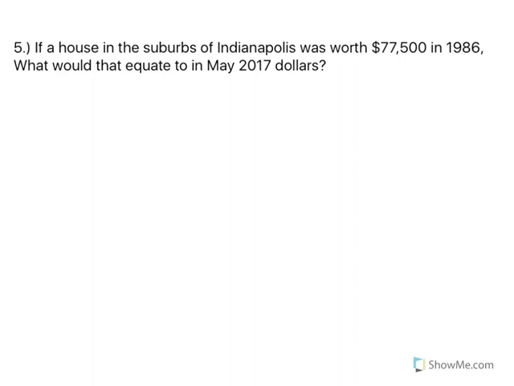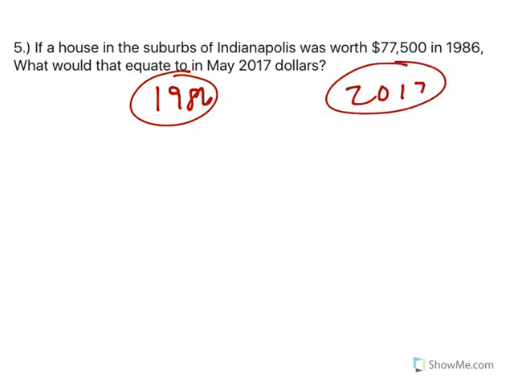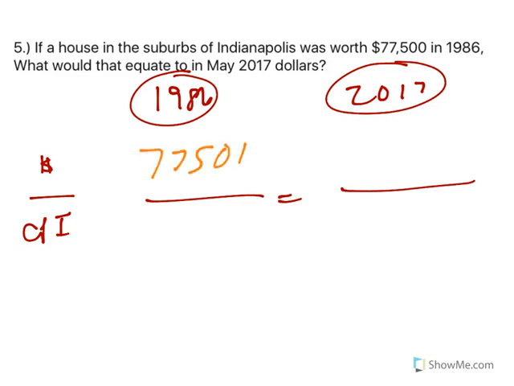And the last problem, we're going to compare a house in Indianapolis that was worth $77,500 in 1986 to May 2017. So again, we're talking about 1986 compared to 2017. We want dollars on the top, CPI on the bottom. In 1986, we've got dollars of $77,500. I look at my table on page 44 and I get 109.6 for my CPI value.